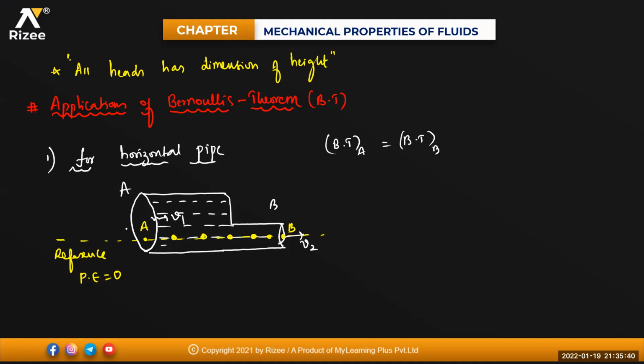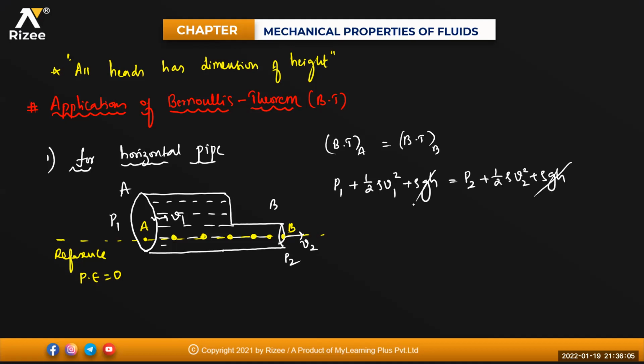Pressure here is P1 and pressure here is P2. So this will be P1 plus half rho V1 square plus rho g h is equal to P2 plus half rho V2 square plus rho g h.